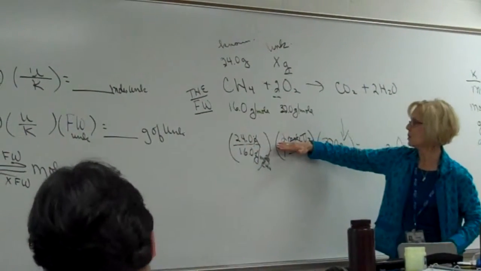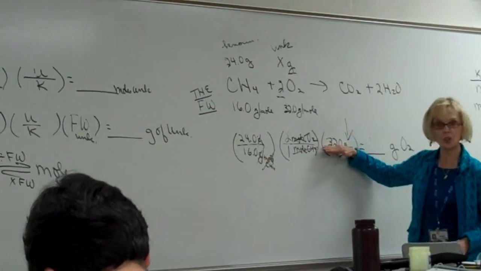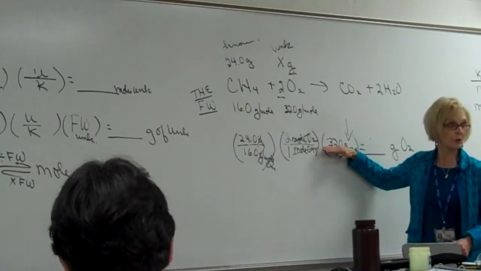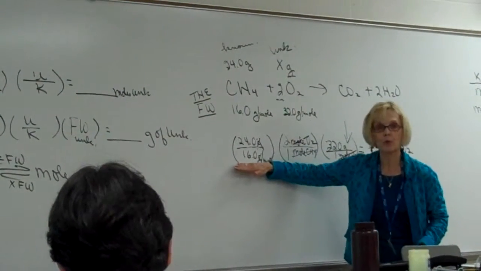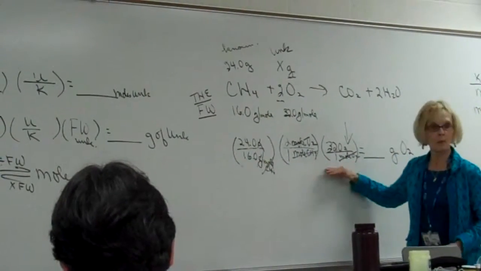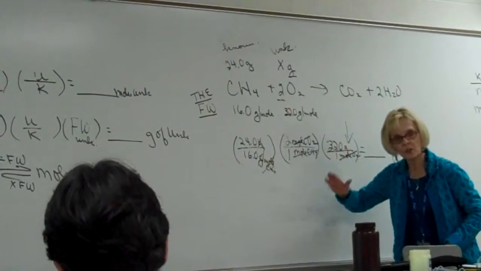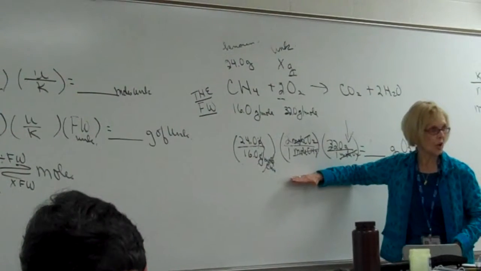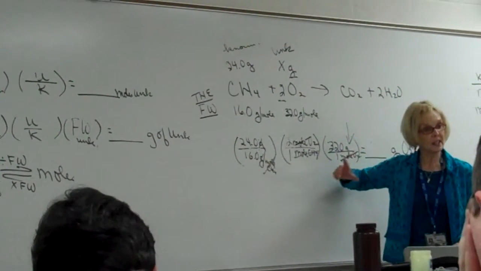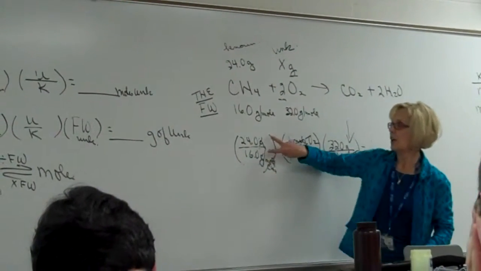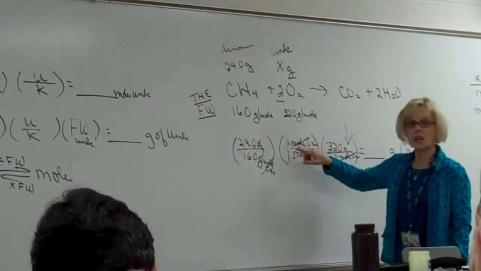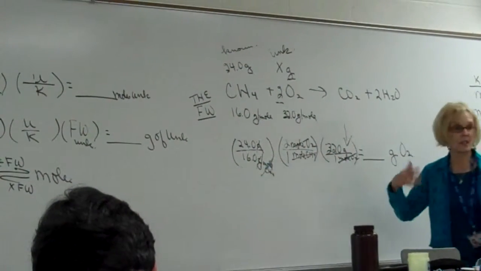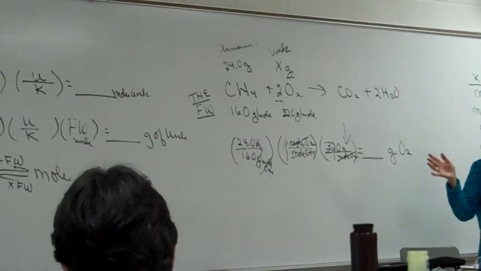Multiply 24 times 2, get an answer, times 32, get an answer, and write it down. Then go through 16 times 1 times 1, write it down, then divide the bottom into the top. But if you're slick on your calculator, you could divide this, get an answer, take that times 2, then times 32. You never have to stop and write it down.